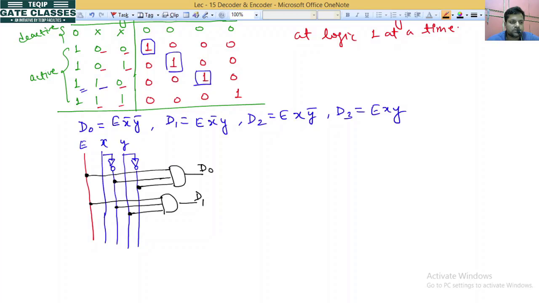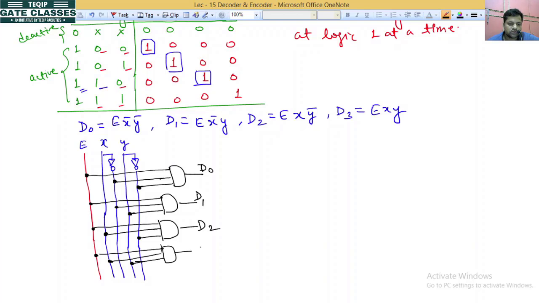Similarly for the other two: E X Y bar, we have to connect all these three inputs with an AND gate. And E X Y will give you D3.